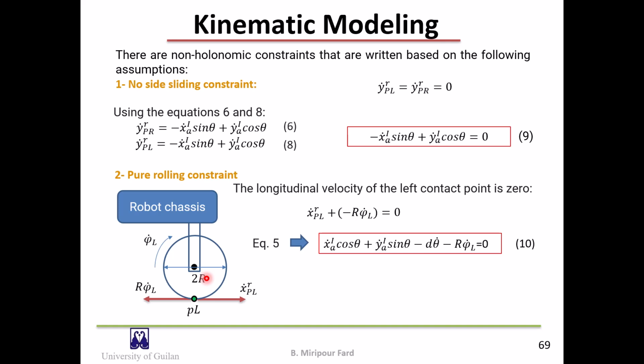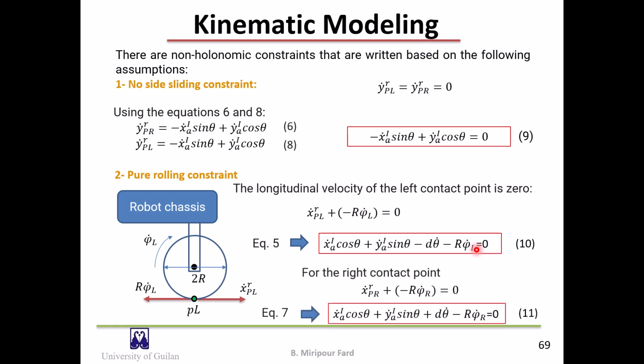So using equation 5, we can write x dot AI times cosine of theta plus y dot AI times sine of theta minus d times theta dot minus r times phi dot L equals 0. Using equation 7, the pure rolling constraint of the right wheel is obtained, as you can see here in equation 11.